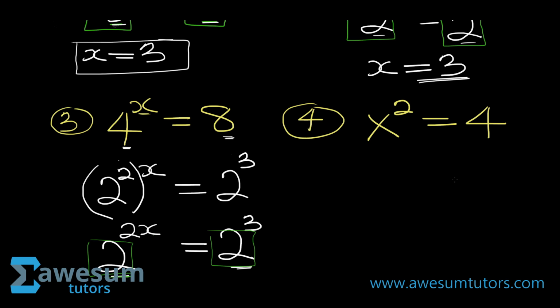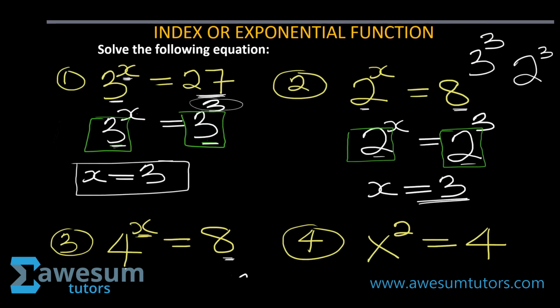If you remember what we said as for index notation, index function, we said that the unknown can be the power, just like this one. Like also question 1, the unknown is the power, and question 2, the unknown is the power.